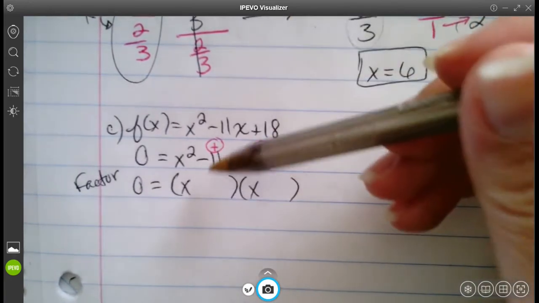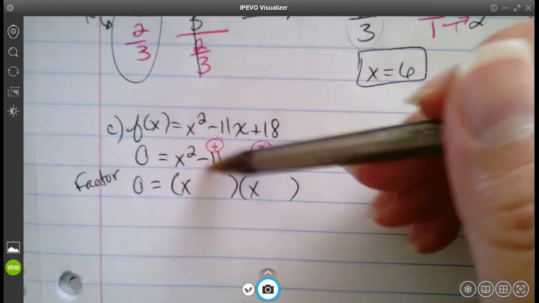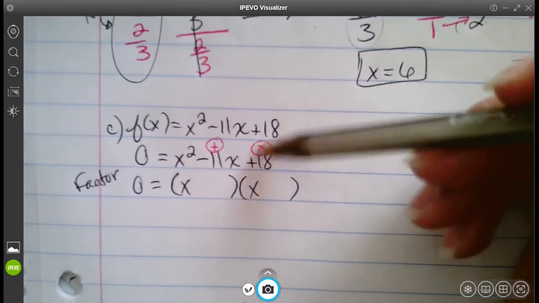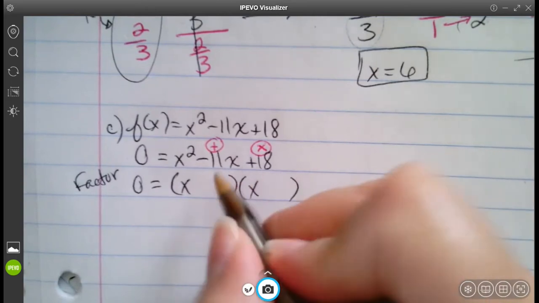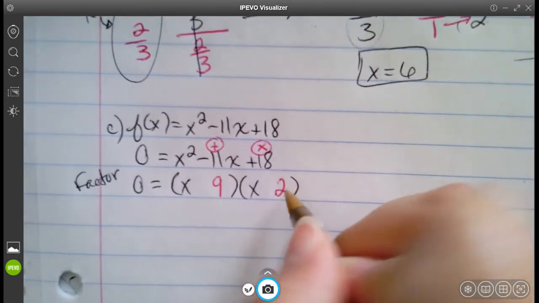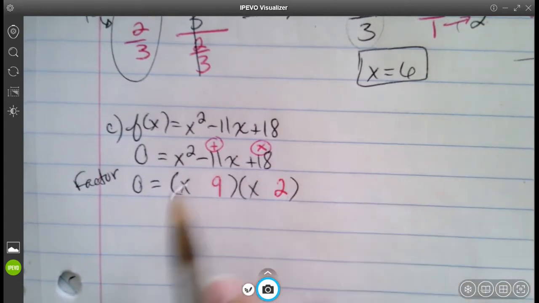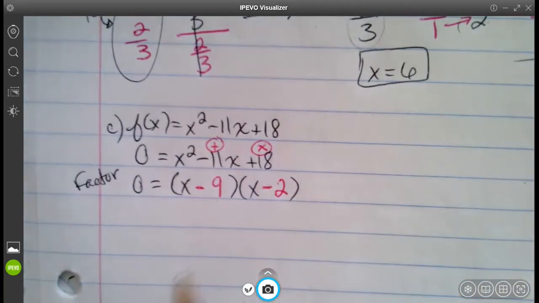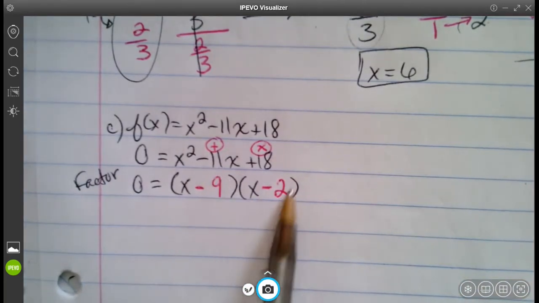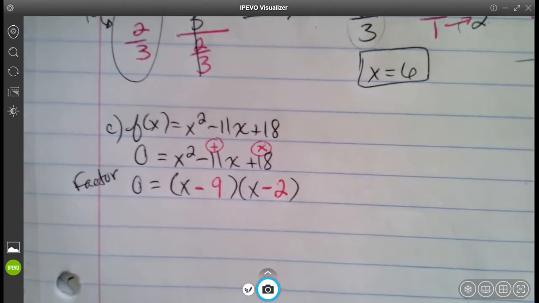Some of you who had me last year used to call this Texas because it looks like a T and an X. It has to add to the -11 and multiply to 18. So in this case, it looks like those numbers are going to be 9 and 2 because 9 times 2 is 18 and 9 plus 2 is 11. But since it's -11, we have to make it both negative. And that still works because -9 times -2 is positive 18. Okay, so this is the factor part.